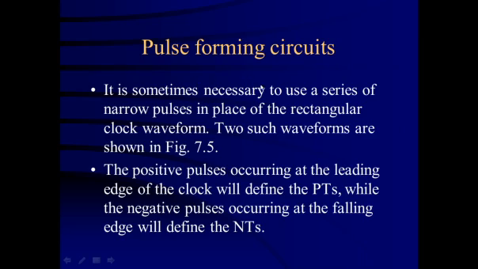It is sometimes necessary to use a series of narrow pulses in place of rectangular clock waveforms. Two such waveforms are shown in figure 7.5. The positive pulses occurring at the leading edge of the clock will define the positive transition, while the negative pulses occurring at the falling edge of the clock pulse will define a negative transition.